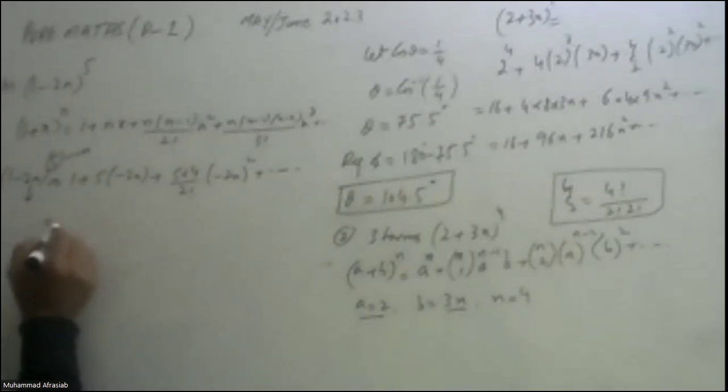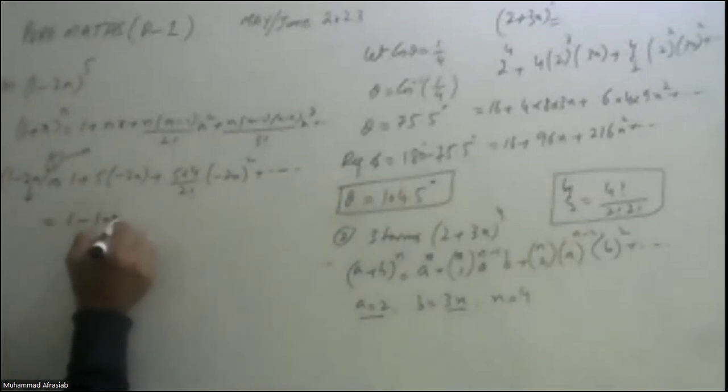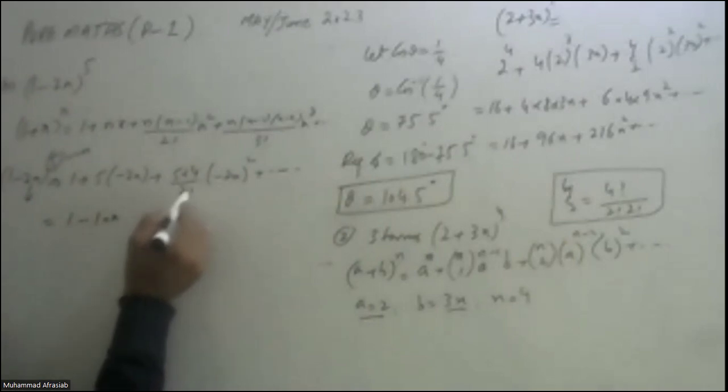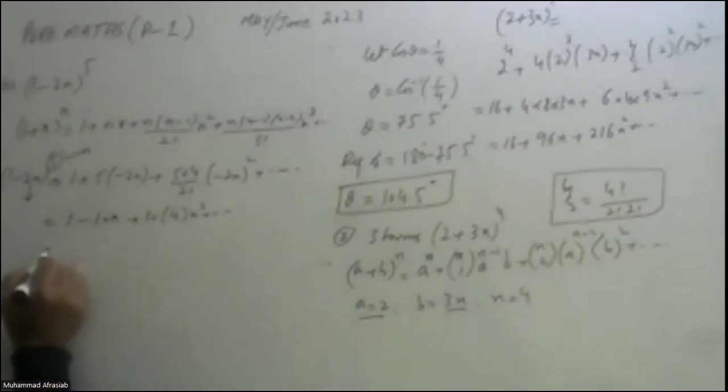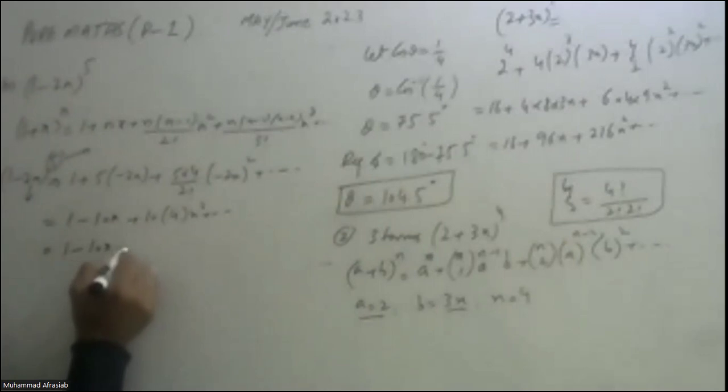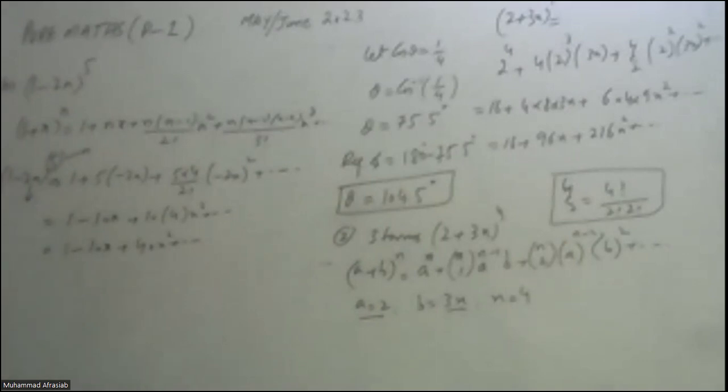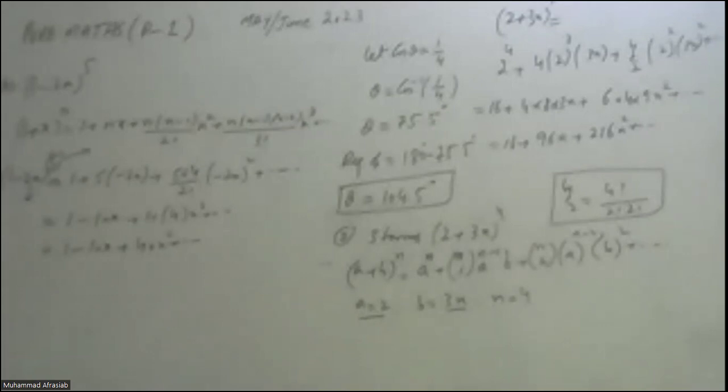So it should be equal to 1 minus 10x, then 5 fours are 20 over 2, 10 into 4x squared, or this will be written as 1 minus 10x plus 40x squared, because the first three terms of this expansion are required in this question.